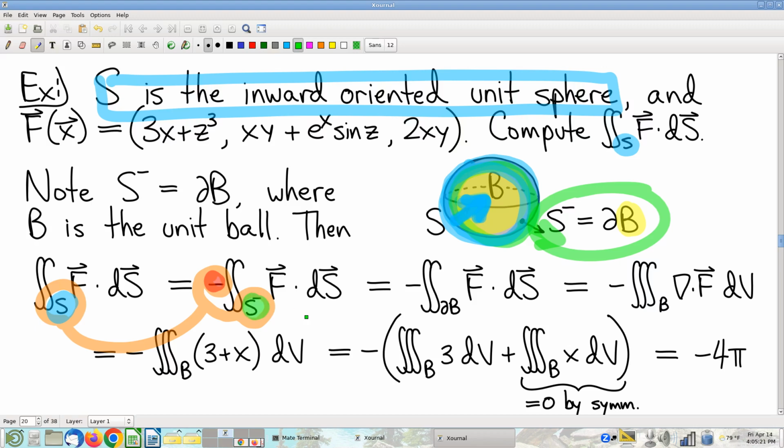Everybody happy? And that's good news because, of course, the green integral is a boundary. And we love boundaries because we have theorems for boundaries. Okay, real easy mistake to make. Don't forget that minus sign.